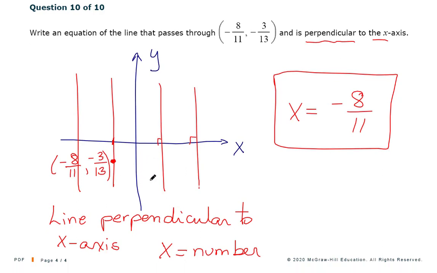If it's up and down, it's a vertical line of the form x equals a number. Well, what number? Well, we have to go through -8/11, -3/13. Well, the x place is -8/11. And that's our equation of a line that is perpendicular to the x-axis and goes through the point that it is supposed to.